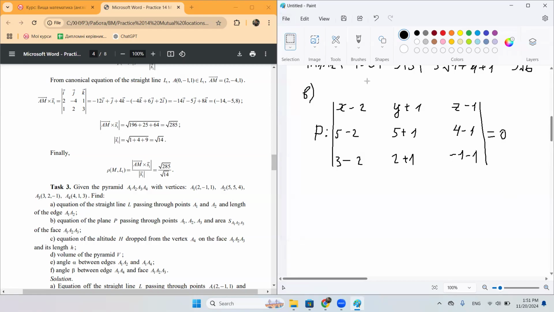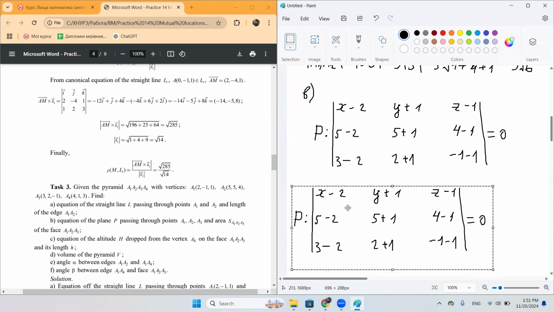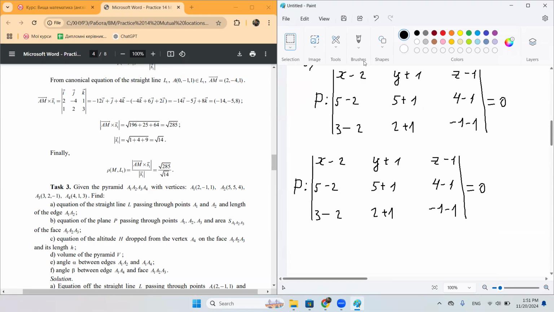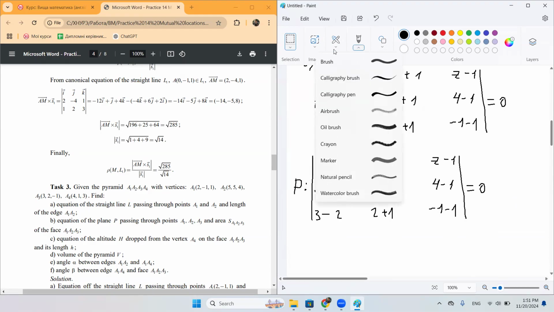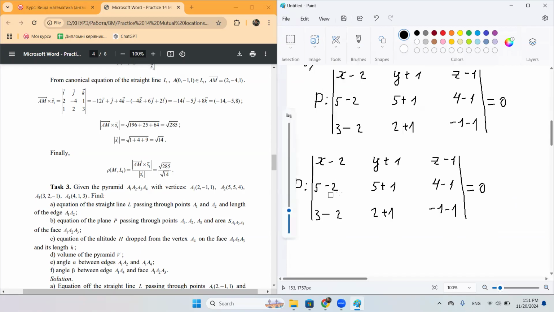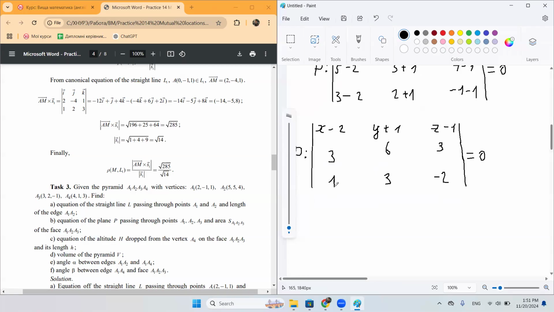Okay, and now let's simplify it, because we will need some information here. So that's what we have.